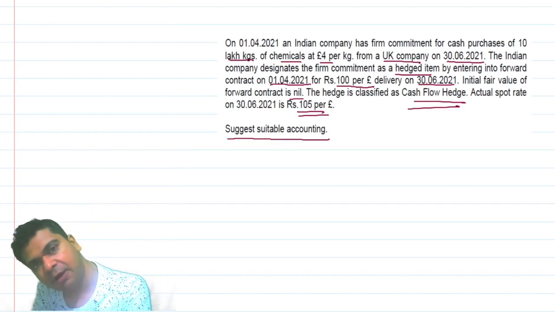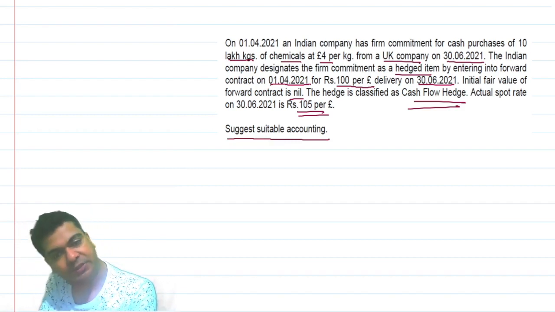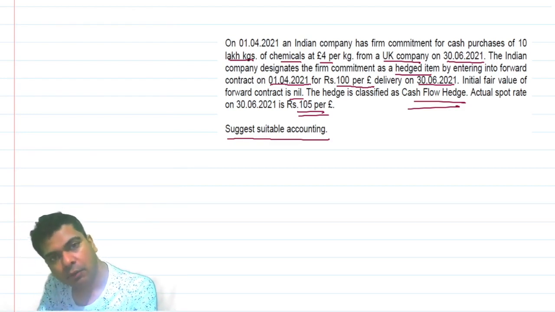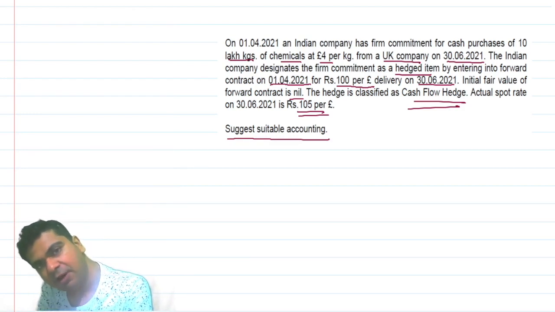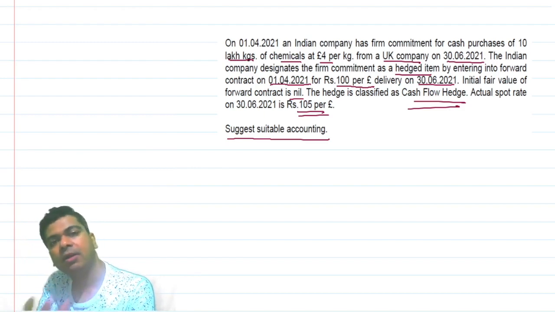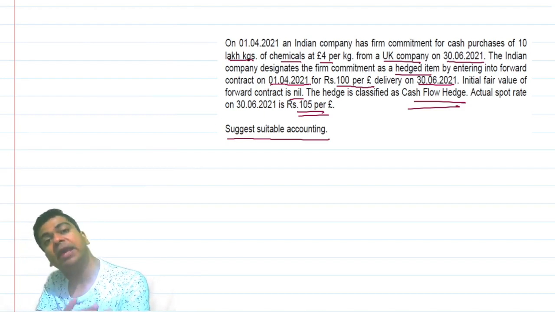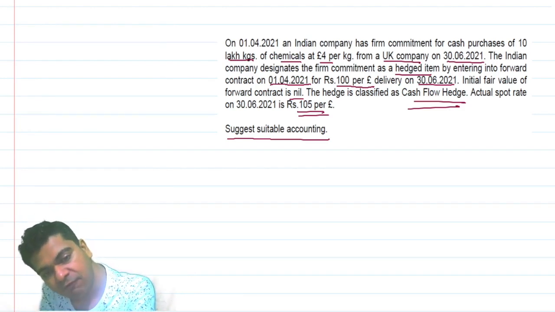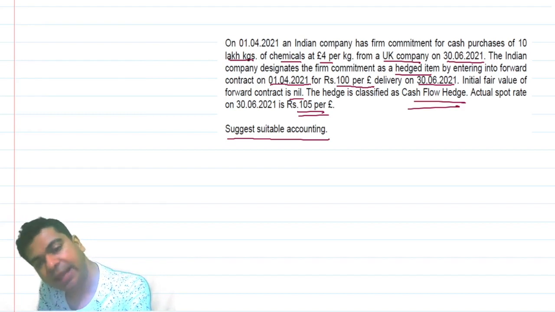So you are having a firm commitment of cash purchases on 1st April 2021, you are very much clear, right? It's a firm commitment. That means you have already communicated to the UK company. You may even have signed an agreement that I will purchase 10 lakh kgs of chemical at £4 per kg.